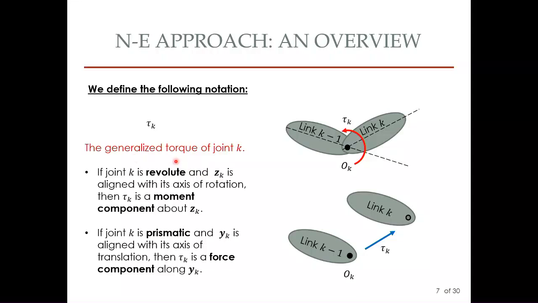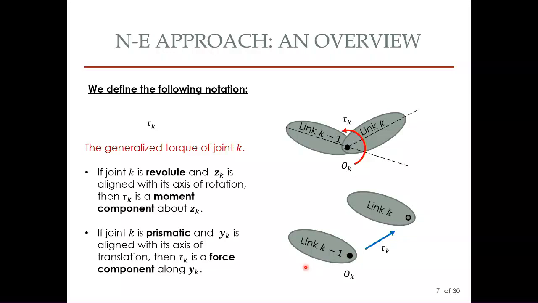Generalized torque could also be generalized force. If there is no motor in the joint k, then this tau k is 0.